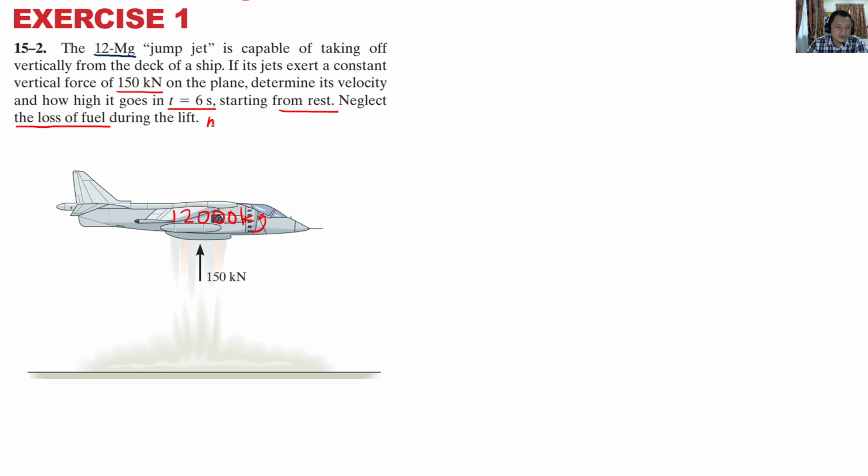Okay, so m is constant. So there you go. What to do? You need to find the velocity at t equal to 6 seconds. How to do this?